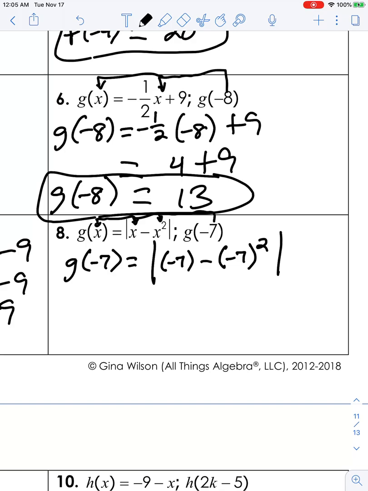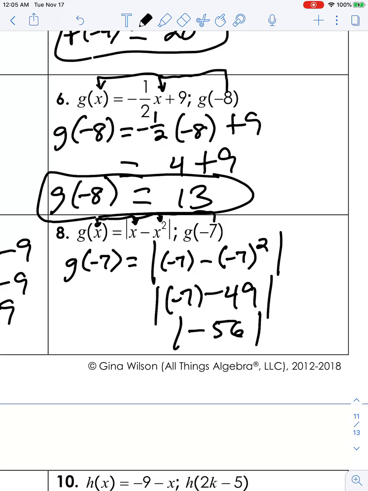So obviously we need to do what's inside the absolute value first. Negative 7 inside parentheses squared is positive 49. Now, the rest of it just drops down. So negative 7 minus 49 is going to be negative 56.